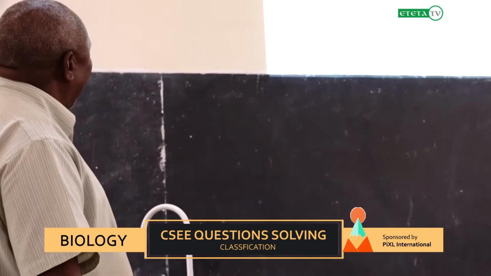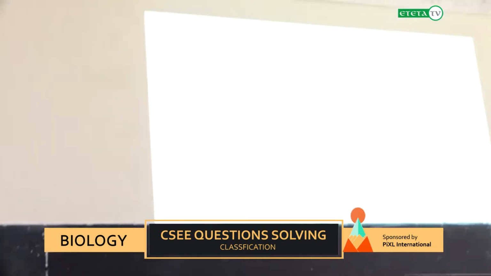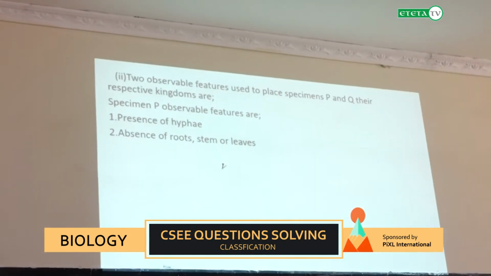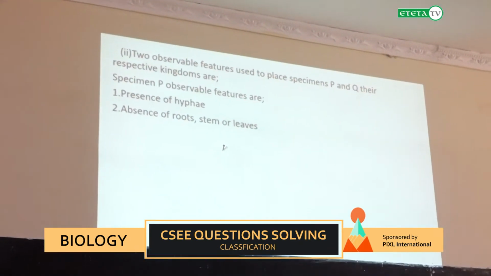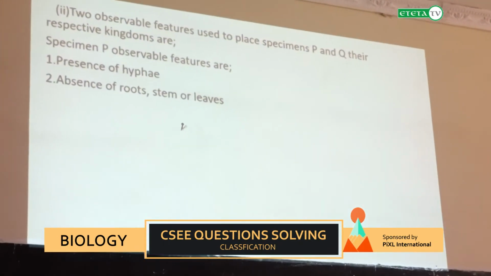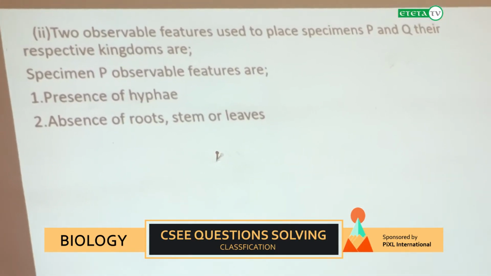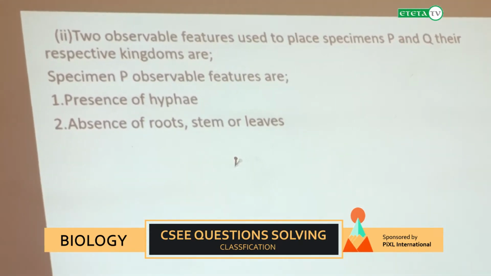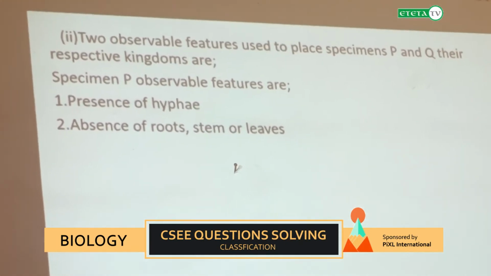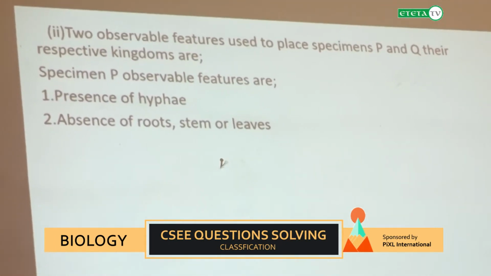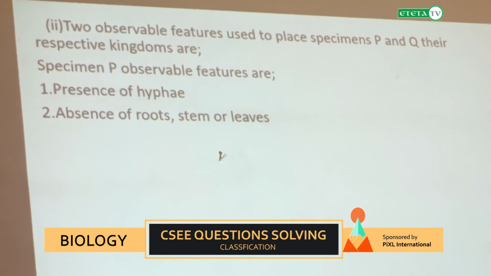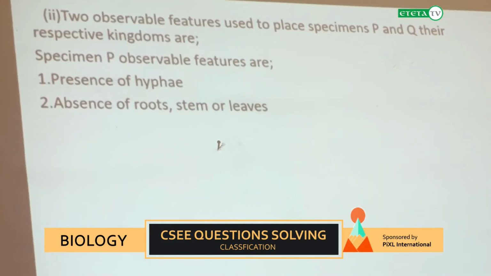Another reason is the absence of roots, stem, and leaves. The mushrooms do not have roots, they do not have stem, they do not have leaves. This also is a characteristic of the fungi kingdom.